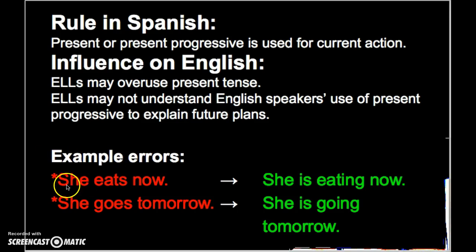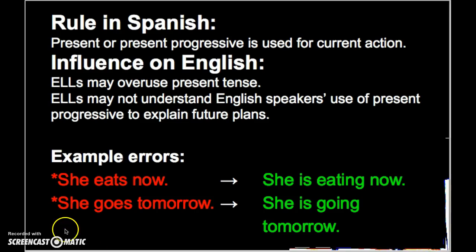So for example, an error would be she eats now, which would be a translation from Spanish, but English uses the present tense only for everyday repeated actions and general truths, while the present progressive is used for current actions in progress. So for this, it would be she is eating now.